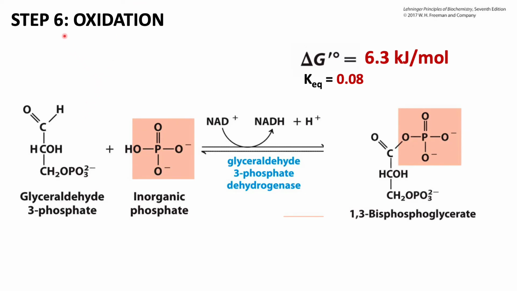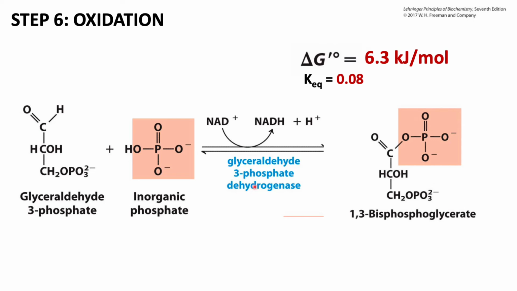Now over here, step number 6 is an oxidation reaction where we have inorganic phosphate and it is being added to our G3P molecule. It's being added onto this carbon over here. Now both this carbon and this carbon have a phosphate. This process is slightly endergonic. It has a small KEQ, so reactants are a little bit more favored.